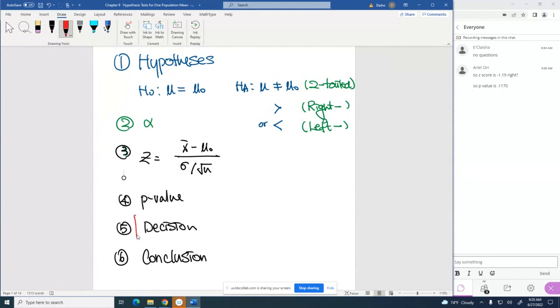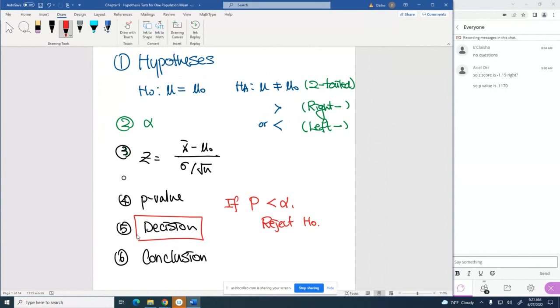Please remind the decision. We made the decision to reject the null when the p-value is less than alpha, then we rejected the null hypothesis.